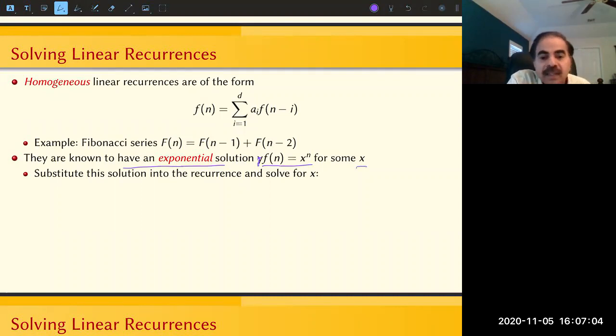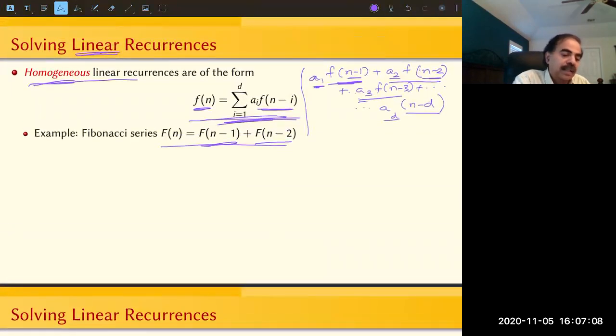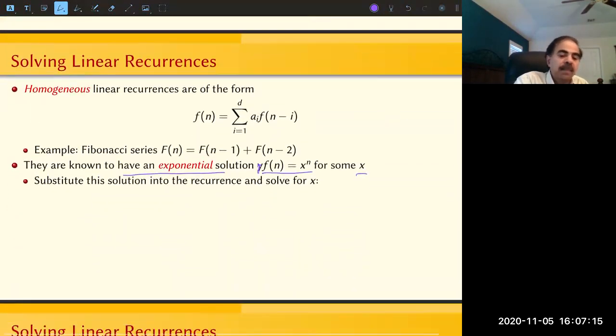We know this already because people have studied recurrences of this form, and they have found that a recurrence of this form has a solution f of n equals x to the power n for some x.